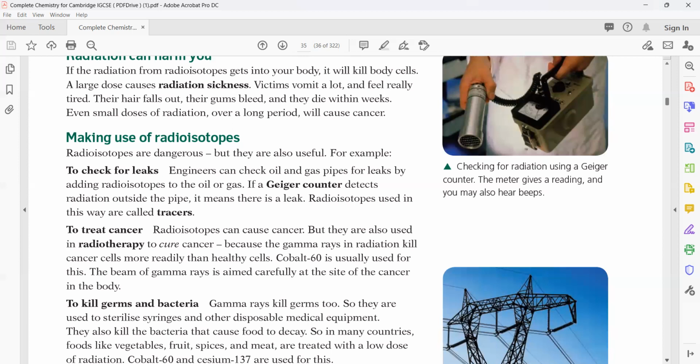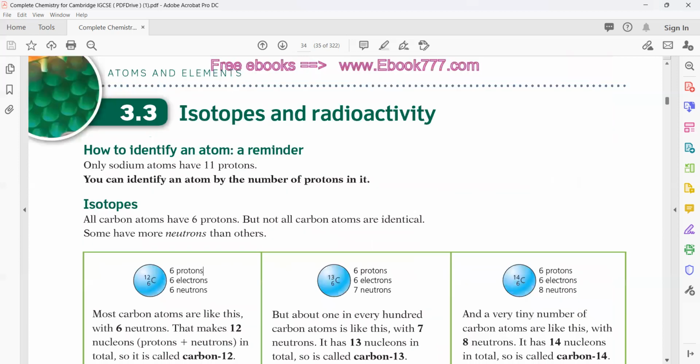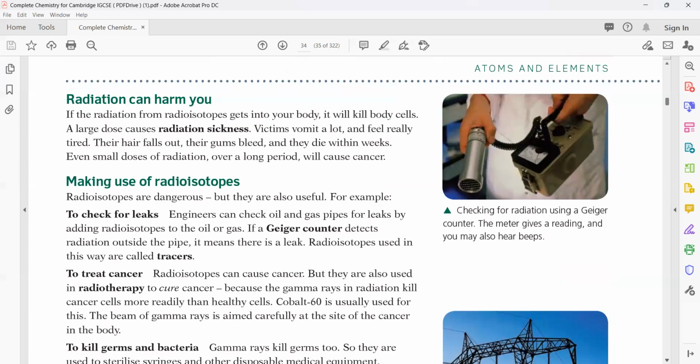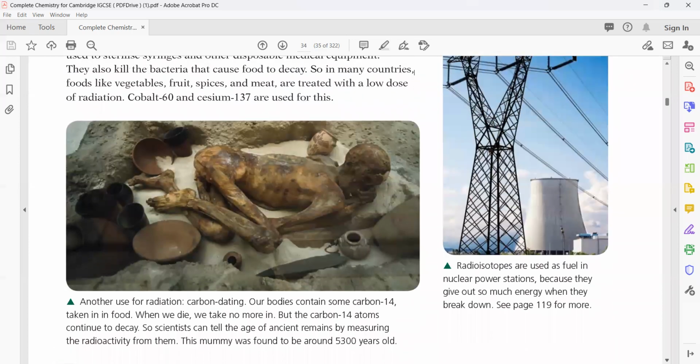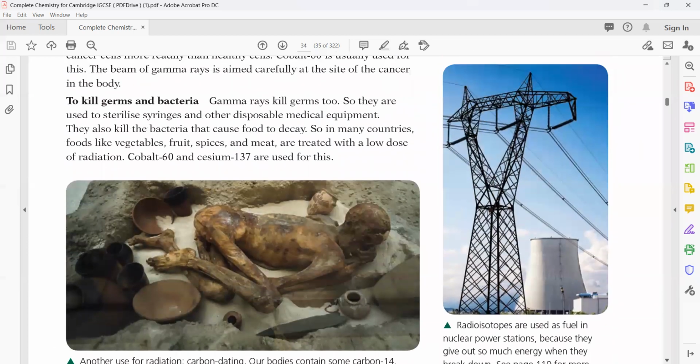Do you understand this? Okay. Now the next part is here to kill. Why is it called cesium 137? Where were you reading about that?